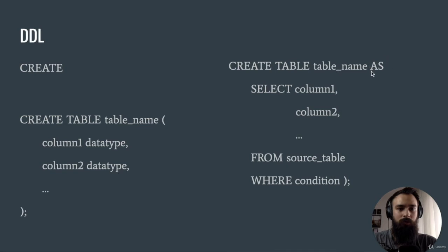So it will create the table as the source table and take the columns that we specify from this one. And if we also want to create this table containing data, we can also filter the data with the where condition. But we're going to talk about this in the query section.